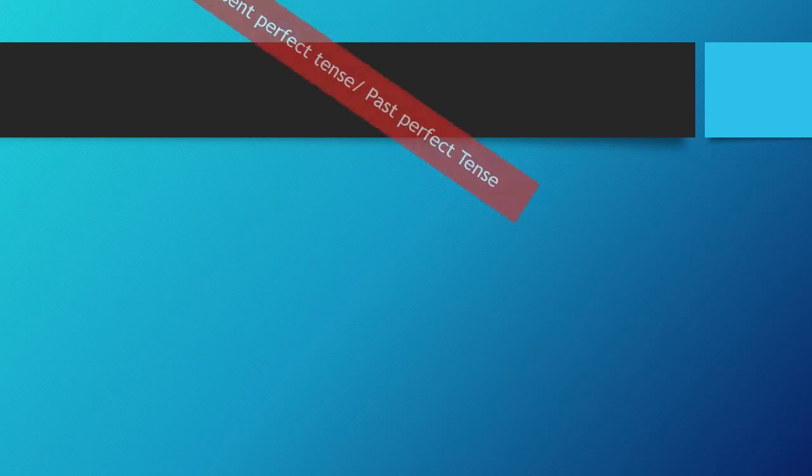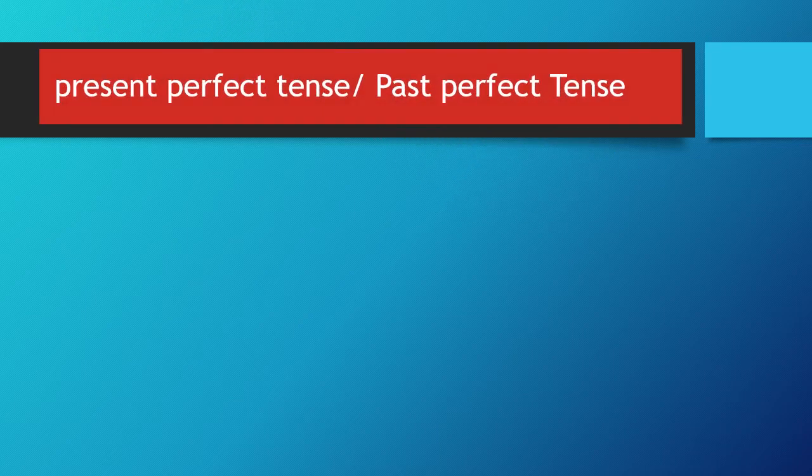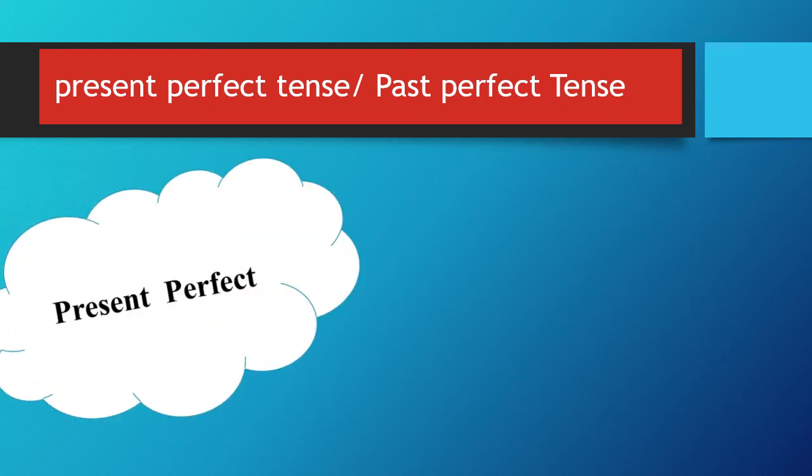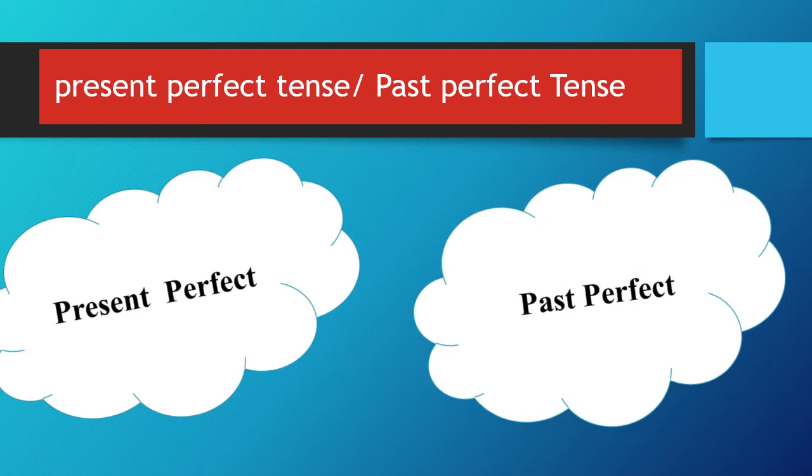Dear students, we learned today present perfect tense, past perfect tense. So we have two concepts here, present perfect tense and past perfect tense. Dear students, let me explain the concept of present perfect tense to you.